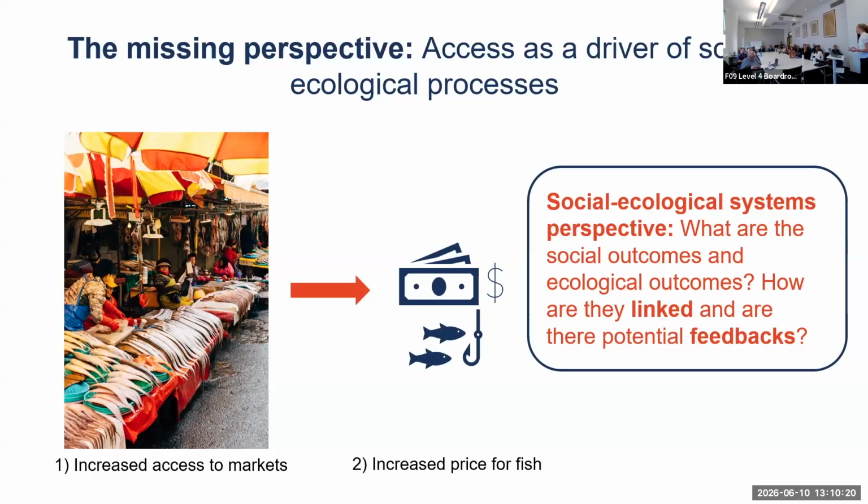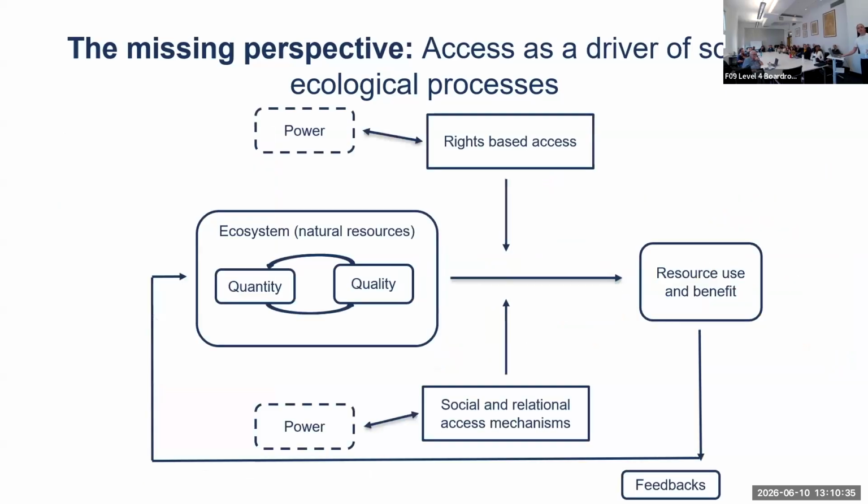We know from previous studies that increased access to markets can be a strong driver of ecological decline because it changes the incentive for fishing, which can lead to increased fishing pressure and reduced availability of the resource, which is the very thing that the system we've been looking at is underpinned by. You can't access the resource if it's not there. If the fish isn't there, you can't access it. So in that way, it can shape the future access of the resource.